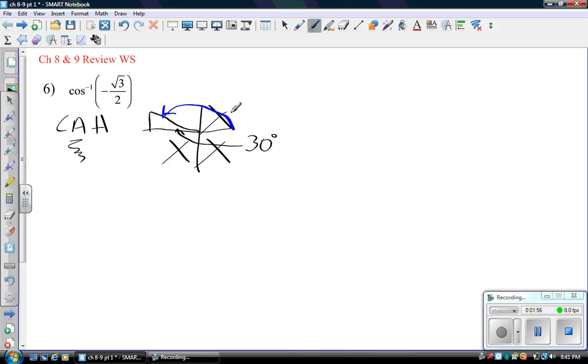It's 30 degrees, so I count by sixes: 1 6, 2 6, 3 6, 4 6, 5 6. So the answer is simply 5 pi over 6. Remember, for an inverse cosine problem, the answer has to be between 0 and pi, and 5 pi over 6 is between 0 and pi, so we're good.